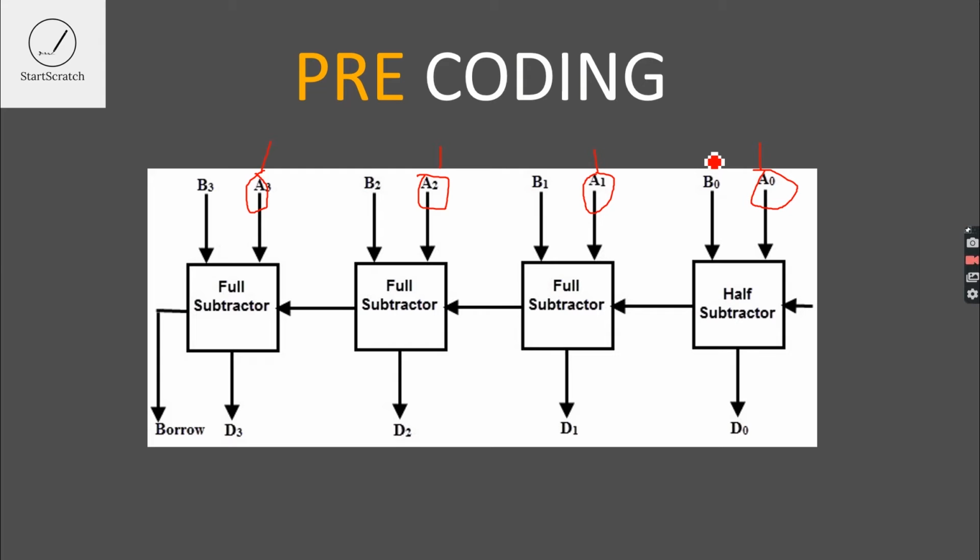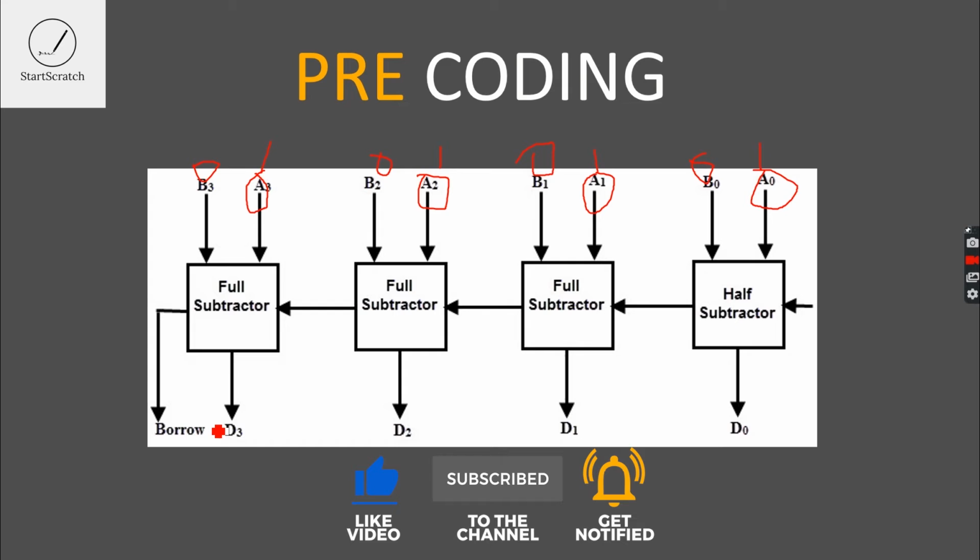And if you take here 0 0 0 0, the output will be the subtraction of each individual bit, that is 1 minus 0 is 1, 1 minus 0 is 1, 1 minus 0 is 1, and here also 1 minus 0 is 1, like regular subtraction. This is the functionality of the ripple subtractor.